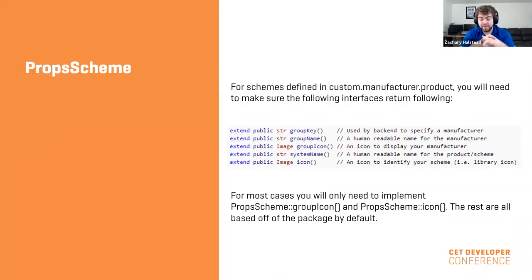So by default, the only ones that you really actually have to override is group icon and icon, because the rest are based off of the package. So that's done at a base level at prop scheme. So unless you want to change that yourself to whatever you need it to be, it will be based off of the package instead.